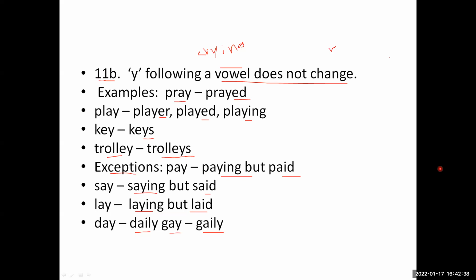Then 52 to 56 absent. 57, 58, 59 absent. 60, 61, 62, 63 absent. 64 is there. 65, 66 absent. Many students are absent from Division A. 68, 69, 70 absent. 71, 72, 73, 74 absent, 75, 76, 77, 78.